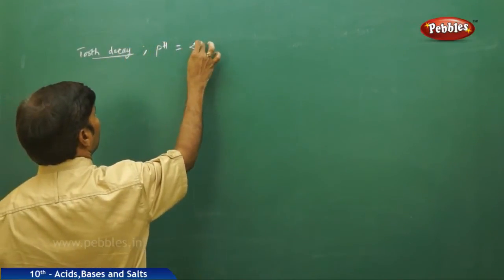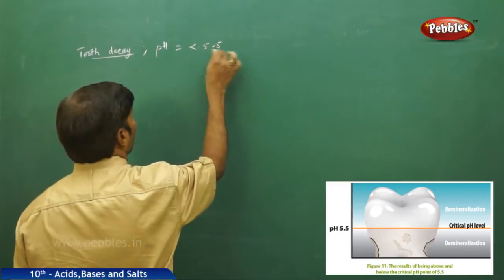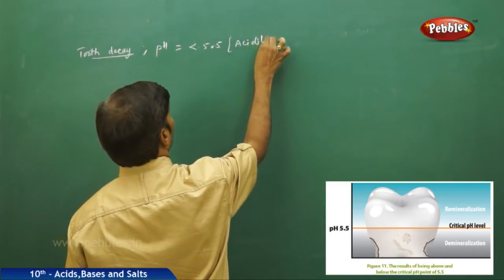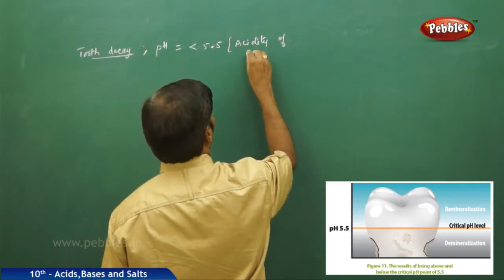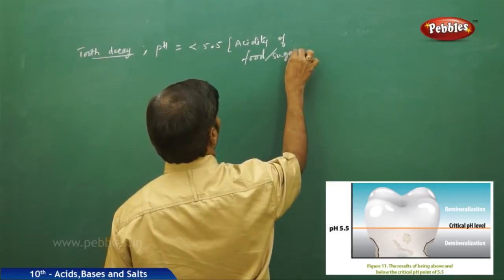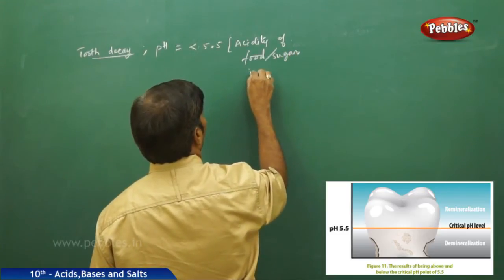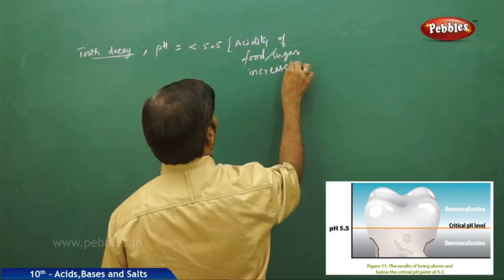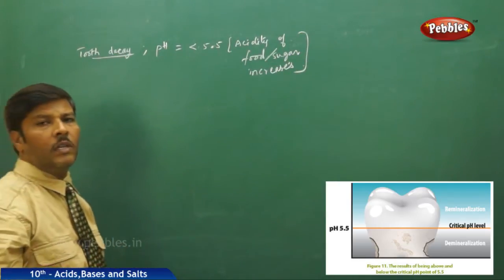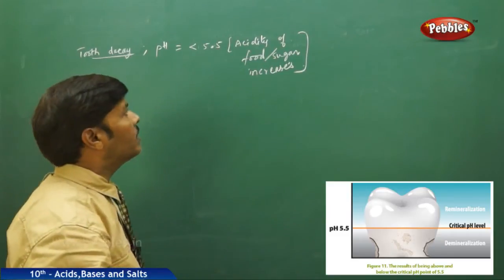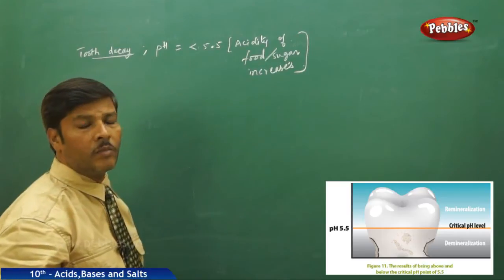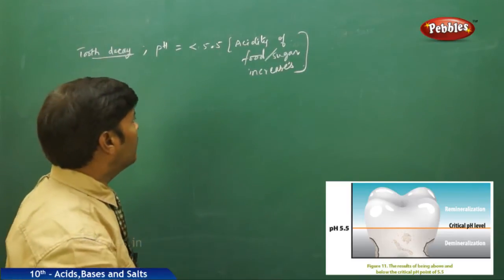If it is less than 5.5, the acidity of the food with sugar increases when the pH is less than 5.5.